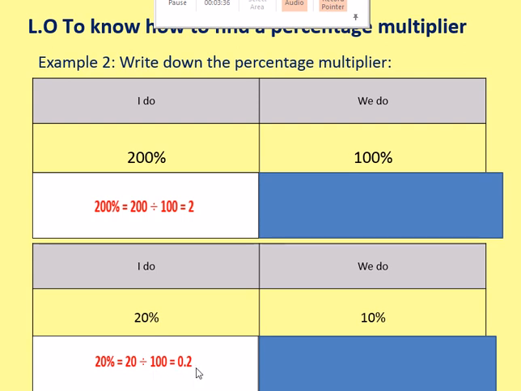So the percentage multiplier for 20% is 0.2. So again, please pause the video here, copy those 2 down, and then try both the we do questions. We'll go through the answers in a second, so please be ready.